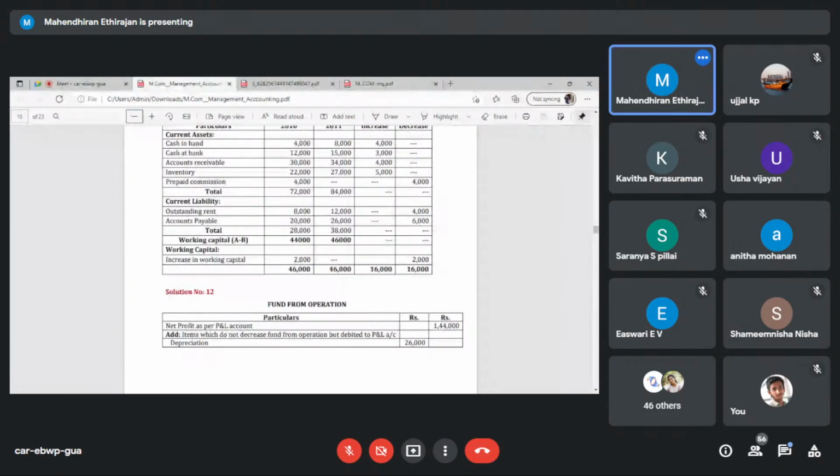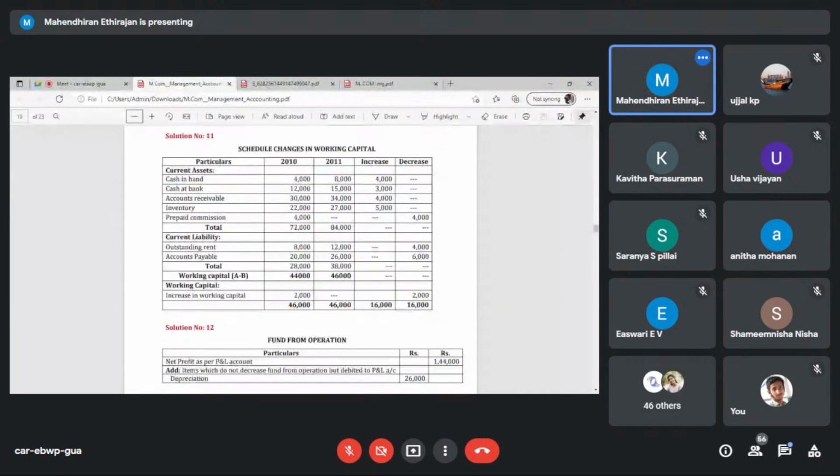Okay. Comparing last year and the current year, for example, in the previous year we needed only 44,000 for expenses. Next year we need 46,000 for business. So the difference is the rise. Additionally, we need money for business. Working capital is going higher.